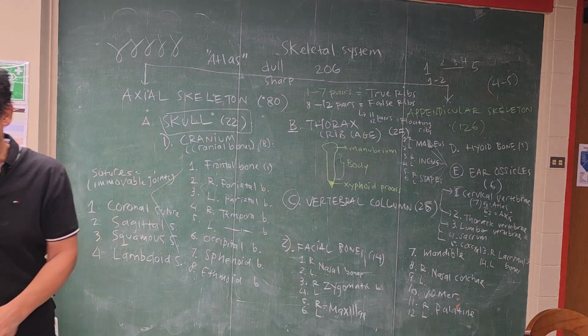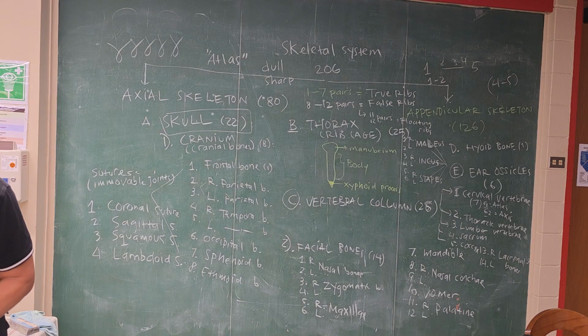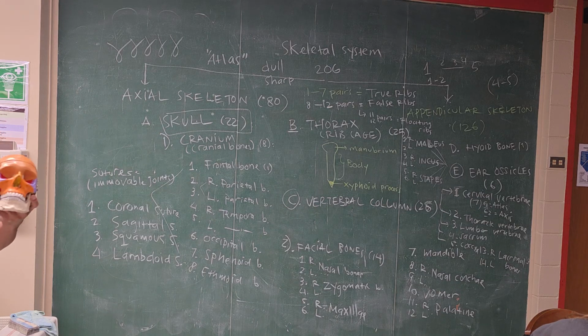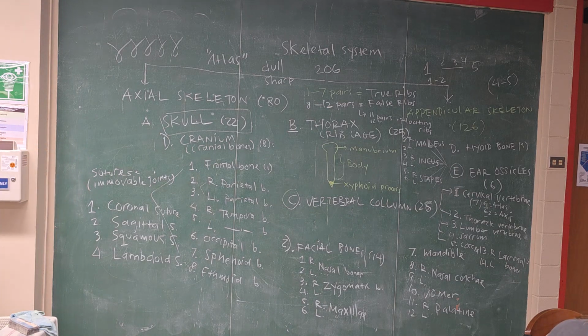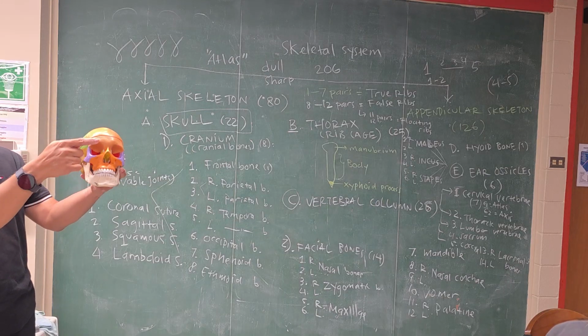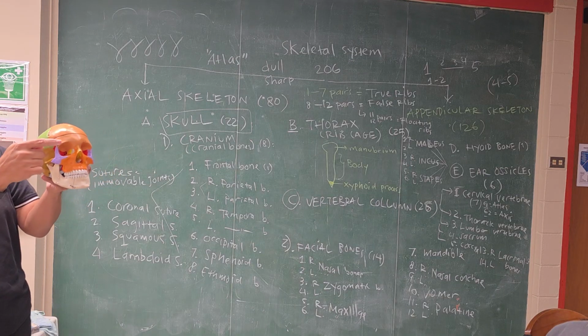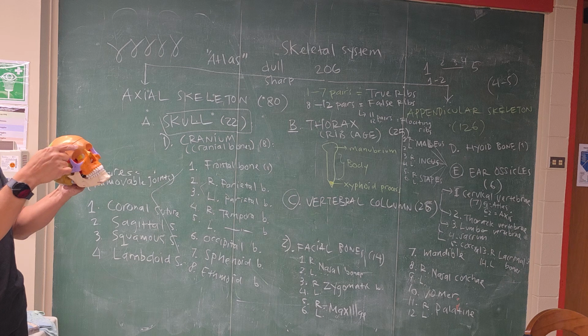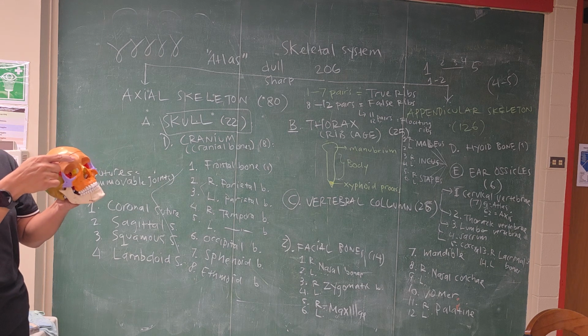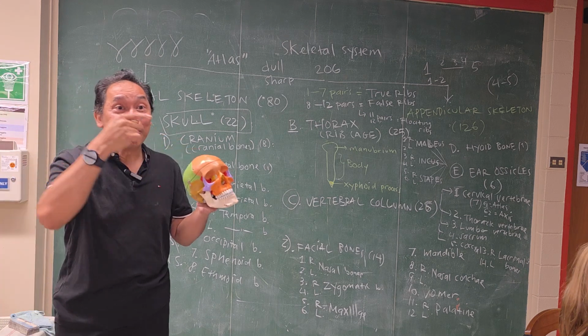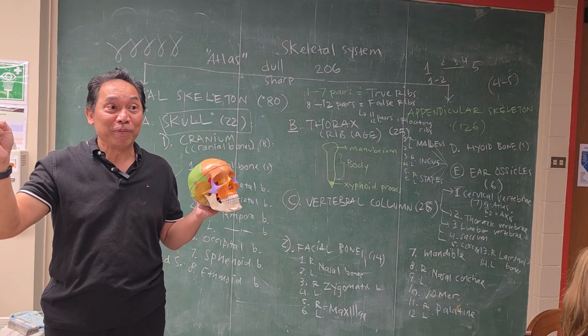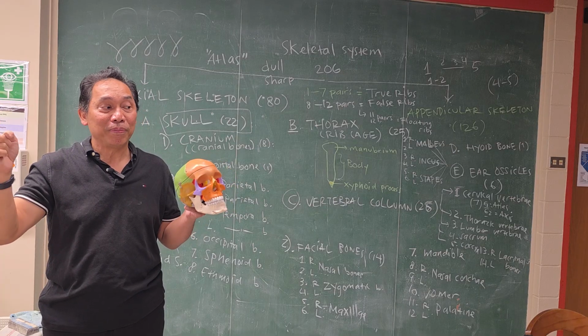Supraorbital ridge. This is actually your eyebrow. Look at this, the eyebrow over here. If it is bumpy, 4 or 5.